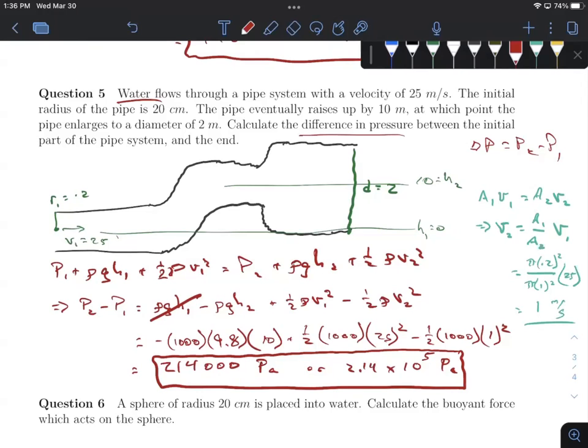So I move over to the continuity equation to calculate how the velocity will change since the pipe size changed. So I set up a little continuity equation, plug my numbers in, and I get my answer. I find out that the new velocity will be 1. Now that I know this velocity, I plug it into Bernoulli, and I have my full equation, a whole bunch of numbers that I plug into my calculator, and I get my answer. So any questions about this problem?